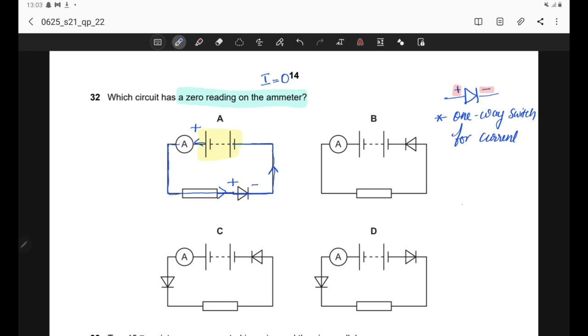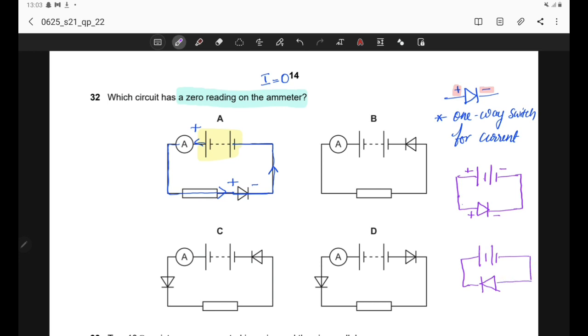That means if you have a cell or a battery, it will have a positive and negative side. So this is positive and this is negative, and if you are connecting a diode to it, you can connect it in 2 ways. Either this way, where the positive of the diode is connected to the positive of the cell, or you can connect the diode the opposite way, where the negative of the diode is connected to the positive of the cell.